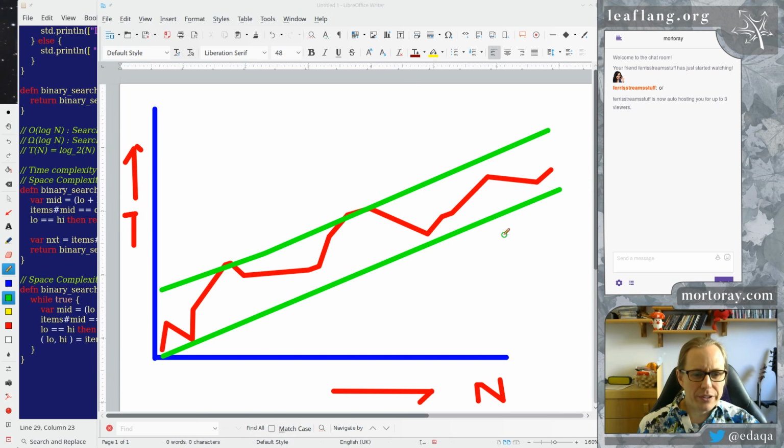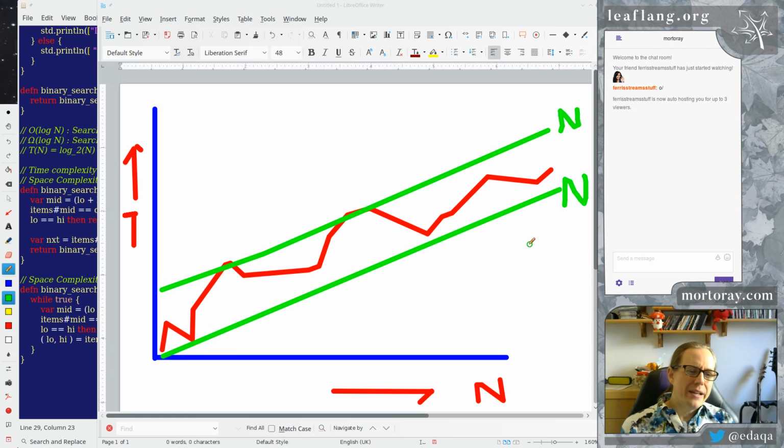Now these are both linear, so this top one is n, and this bottom one is n. Just imagine that we've taken whatever formula this is and said, just reduce it to n.